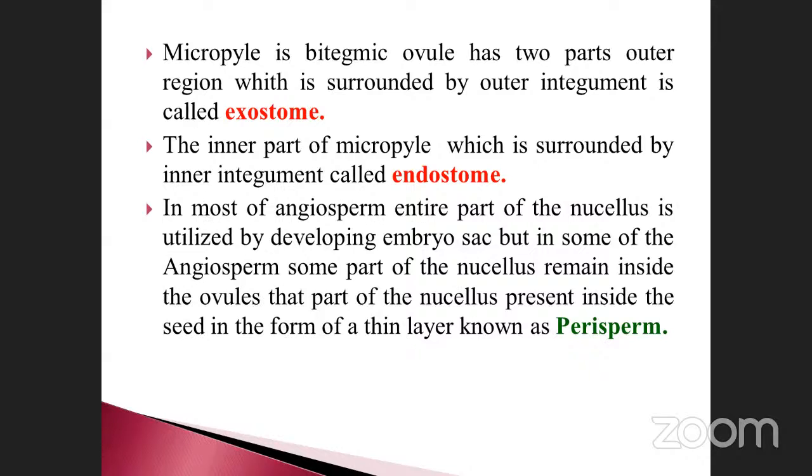In most angiosperms, the entire nucellus is utilized by the developing embryo sac. But in some angiosperms, some part of the nucellus remains inside the ovule. That part of the nucellus remains inside the seed in the form of a thin layer known as the perisperm.